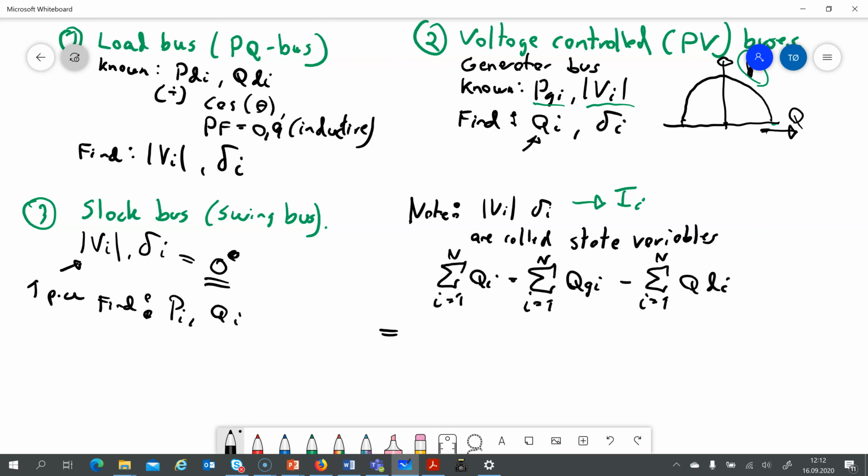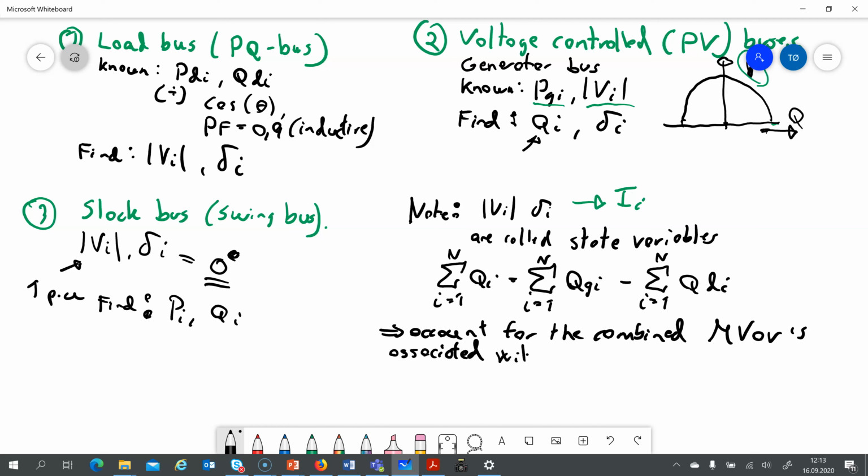And this actually accounts for the combined MVARs associated with line charging.